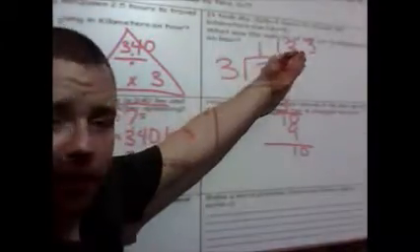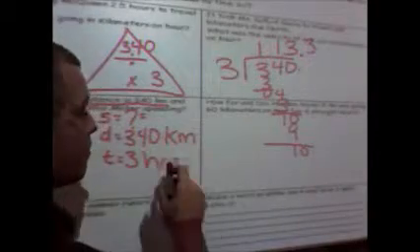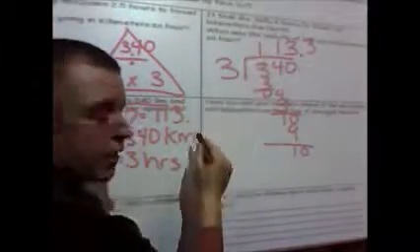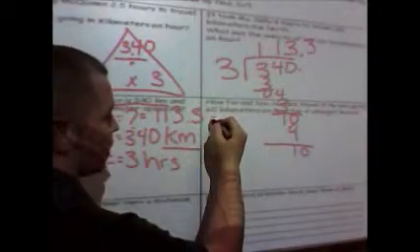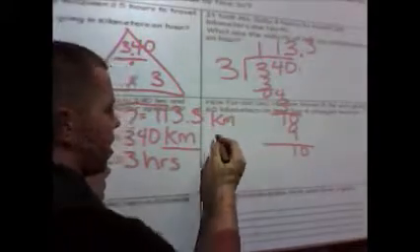But this cannot be a speed. You cannot say that I was going 113.3. You must be going some type of unit. So the answer needs to be in this form or it is incorrect. Matter was going 113.3. Now you look, I have kilometers. So he's going 113.3 kilometers per.